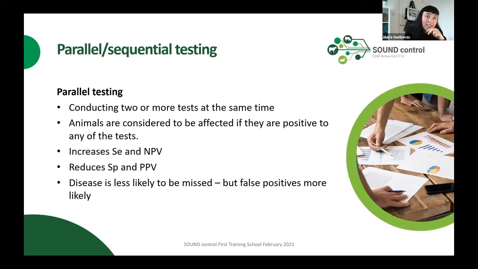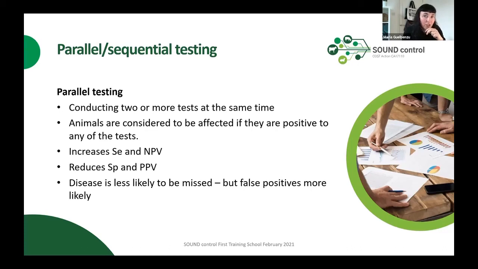So the parallel testing consists in conducting 2 or more tests at the same time. The animals will only be considered to be affected if they are positive to any of the tests. So let's say we conduct 4 tests, the animal is positive to 1, that animal will be considered positive.